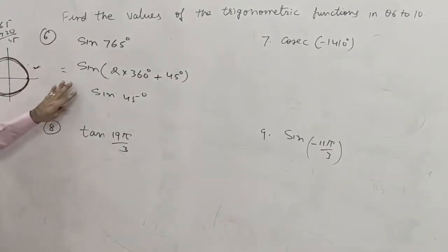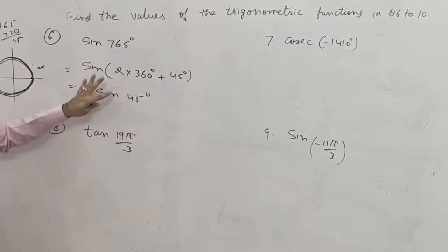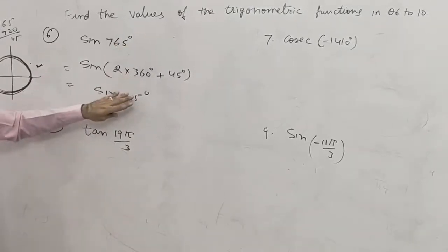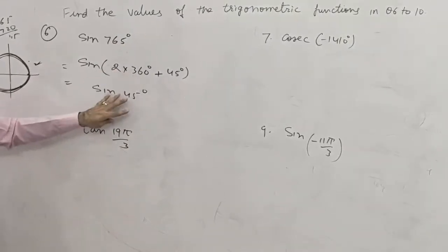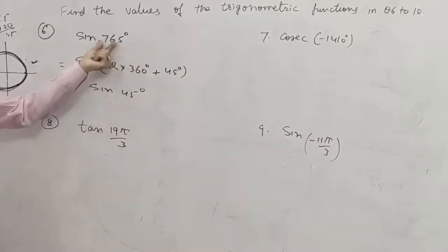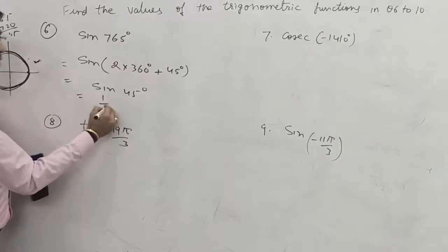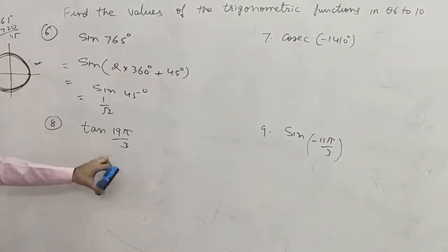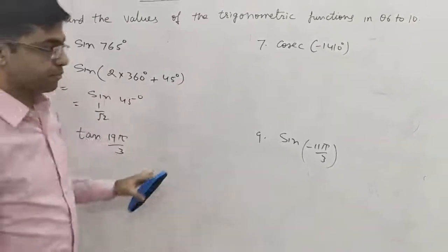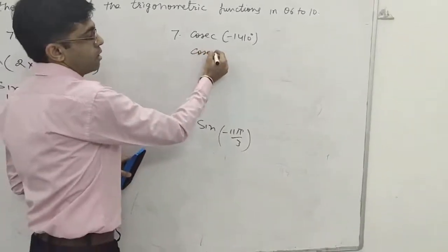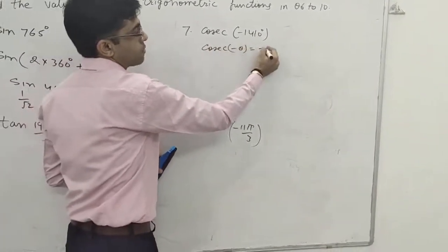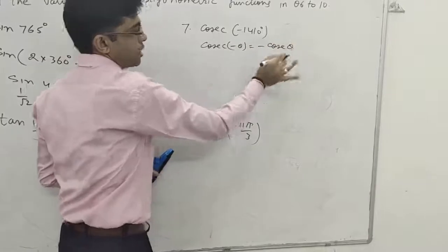Sine, these trigonometric functions are periodic functions. We will study in graph next exercise introduction what the periodic functions are. So sin 765 value is same as sin 45 and that is 1/√2.